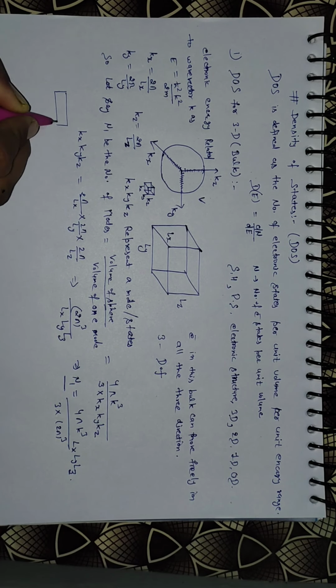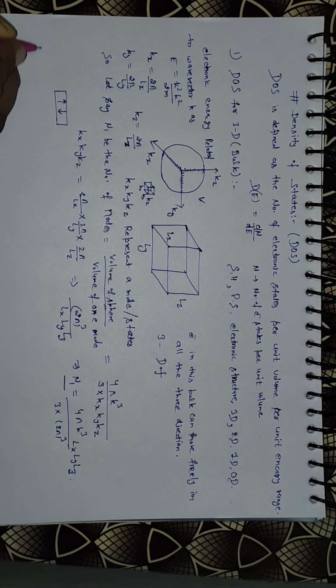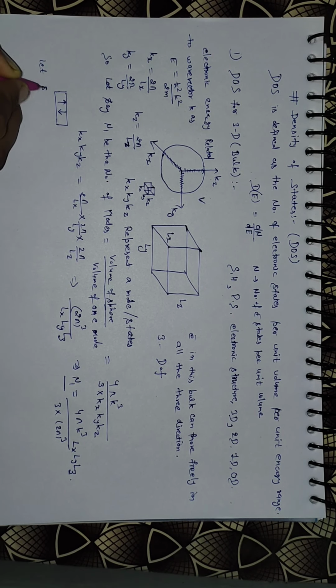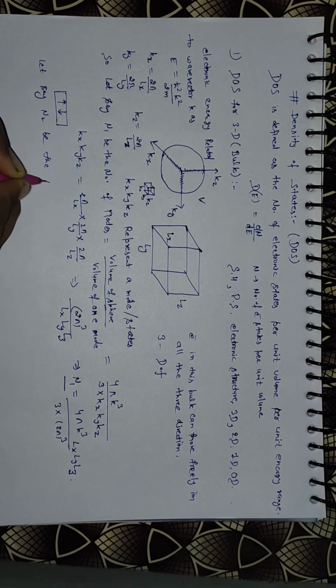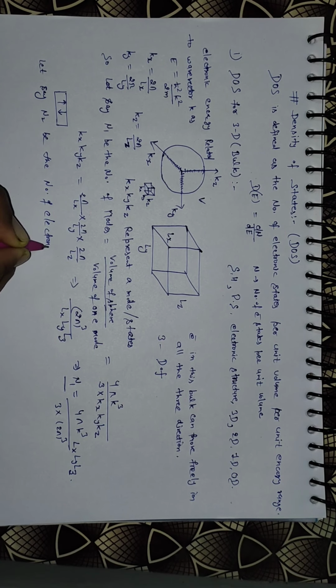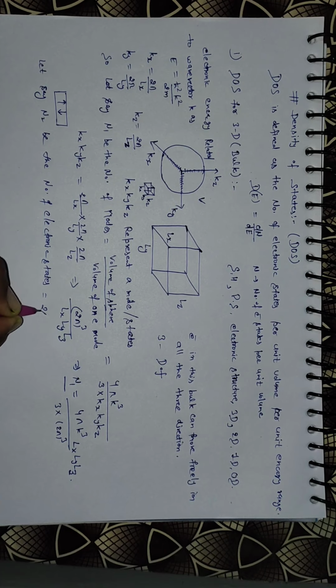So we get the total number of modes, total number of states, and we know that in one state there exist two electrons together, one with spin up and one with spin down. So let n2 be the number of electronic states, that is 2 times n1, because in one mode there are two states of equal energy.